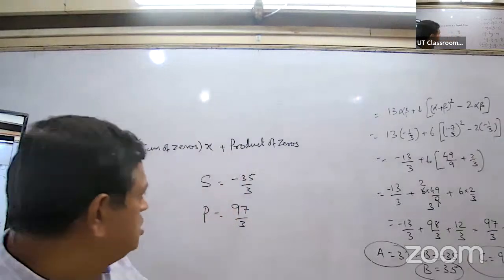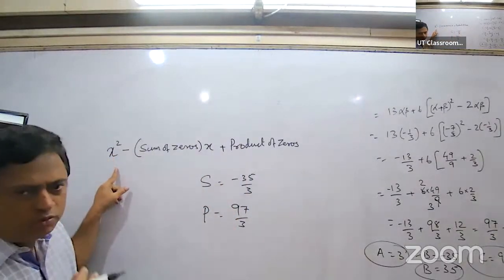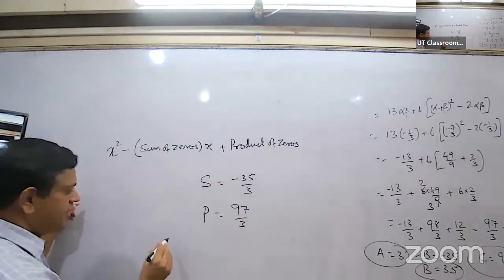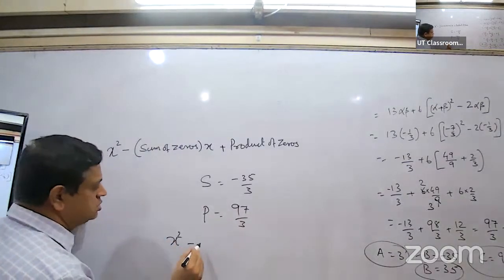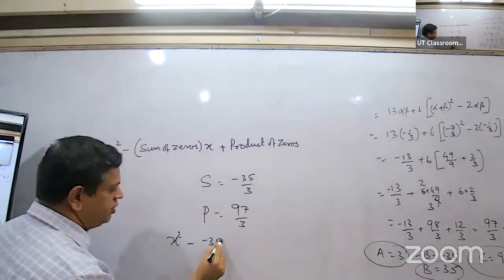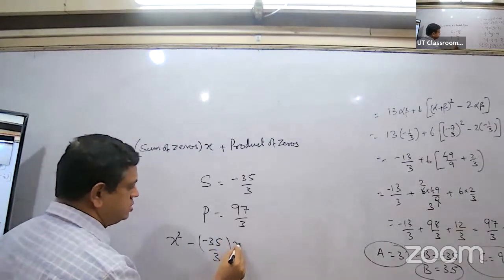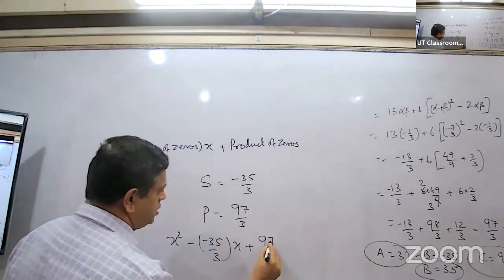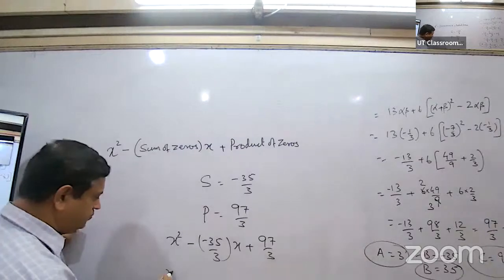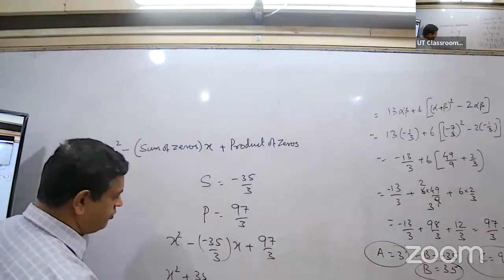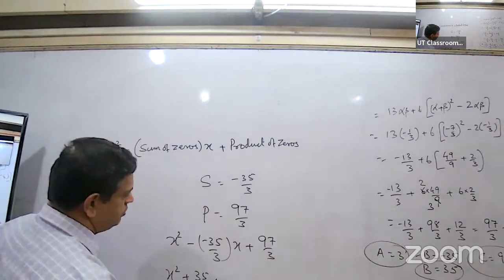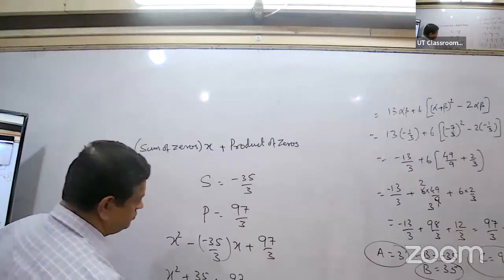According to this formula, the quadratic polynomial will be x square minus sum of zeros, minus 35 by 3, into x plus product of zeros, 97 by 3. That is x square plus 35 by 3 x plus 97 by 3.